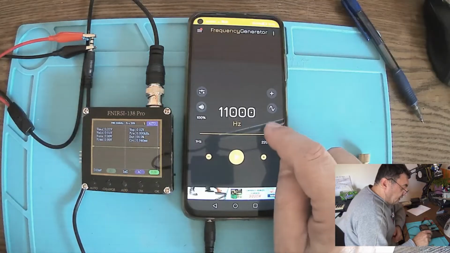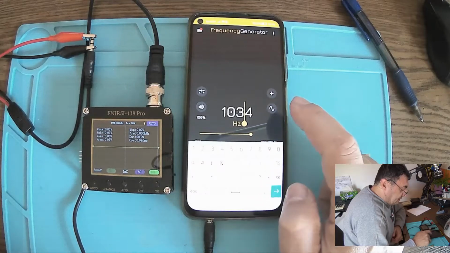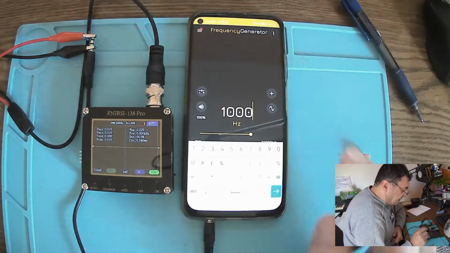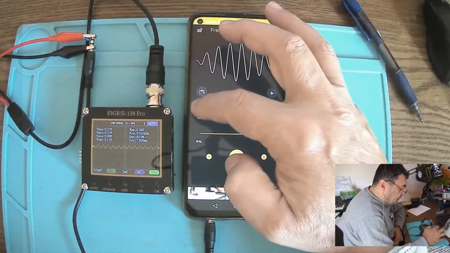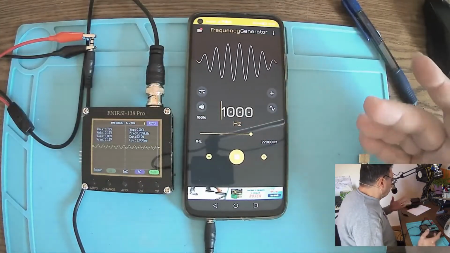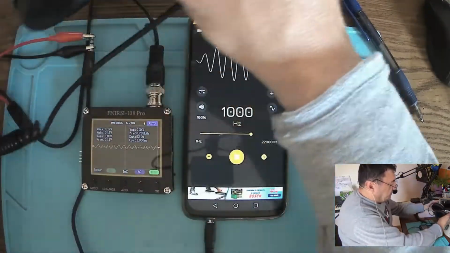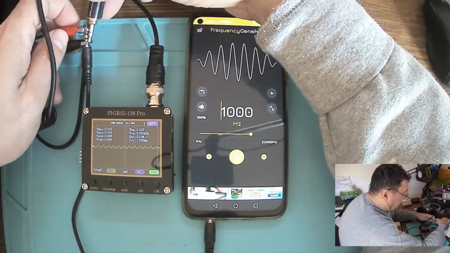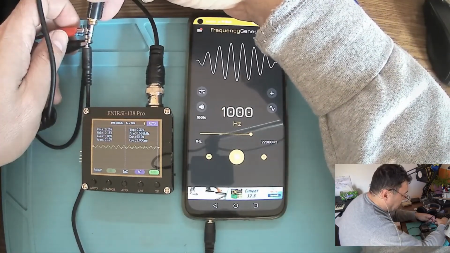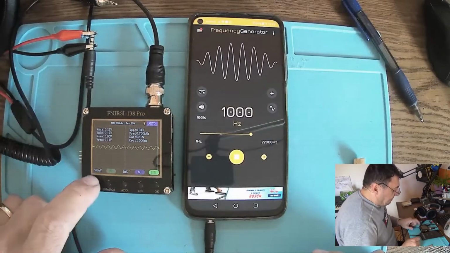Here I have my phone, and let's pick a classic frequency, I may say, of 1000 Hertz, and let it run. We are at full volume, maximum volume I can get. To prove that, I can connect my headphones in parallel here. Yeah? You can hear that very easily. Let's check the numbers.